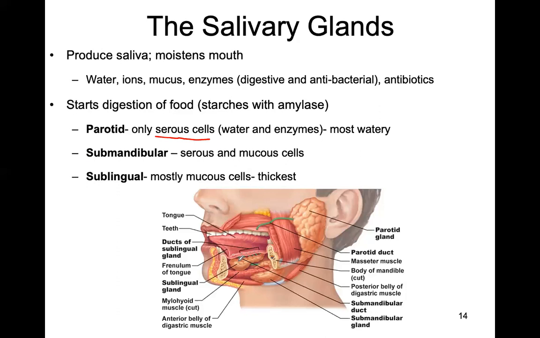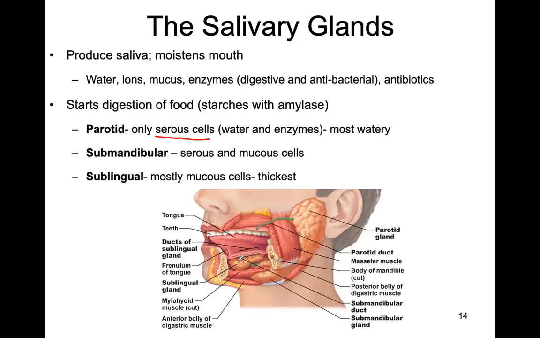Now, what is the purpose of the saliva that gets released from the salivary gland? Salivary glands release saliva for the purpose of moistening your mouth, so it has a lot of water. It also has a concentration of ions like sodium and potassium. As we said, it contains mucus, depending on the type of salivary gland.